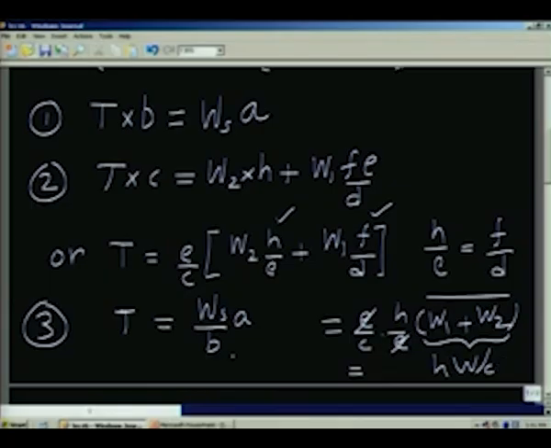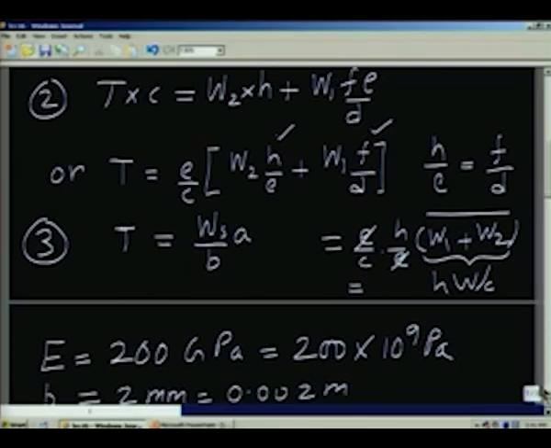So I can write here, T equal to Ws A by B, which is also equal to hW by C. So these two are equal, and therefore I can calculate W. So W equal to Ws A by B into C by h.